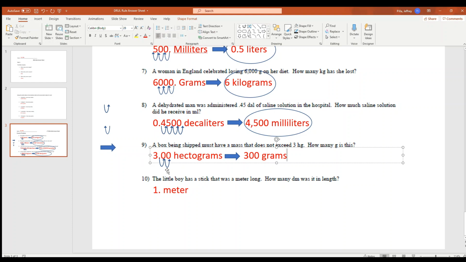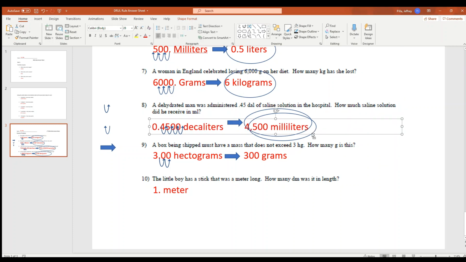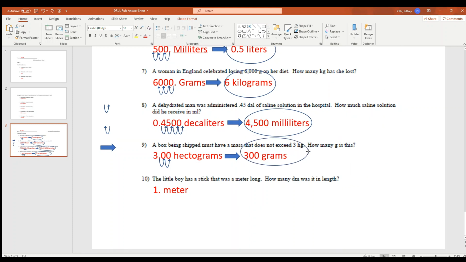All right. Again, there's no decimal in my final answer. It's at the end of my number, so I drop that decimal. Okay? And let me circle it. I am having such a tough time just moving the circle. There we go.